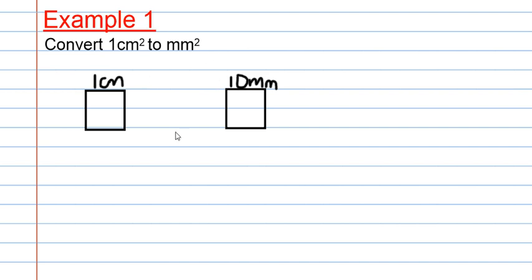We know that 1 centimeter is 10 millimeters, right? And this is a square, so we know that this side will be 1 centimeter as well, and this side will be 10 millimeters.